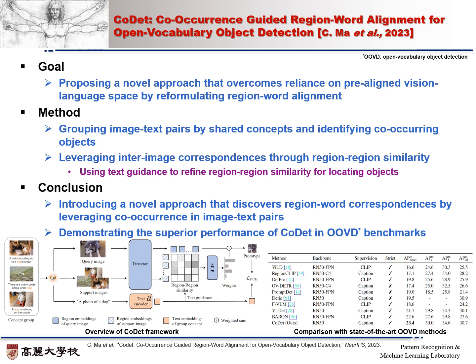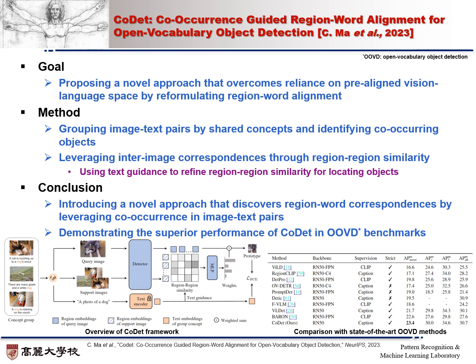They first group image and text pairs according to the shared concept in their captions, and then identify objects and shared concepts that co-occur as pairs of regions and words. Then they find co-occurring objects by utilizing the region correspondence between images through similarity between regions, and then refining the similarity between regions using text guidance.